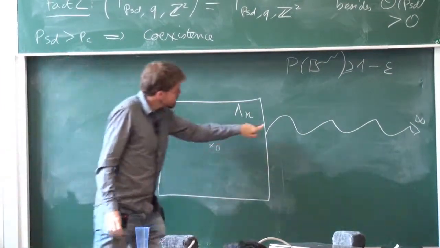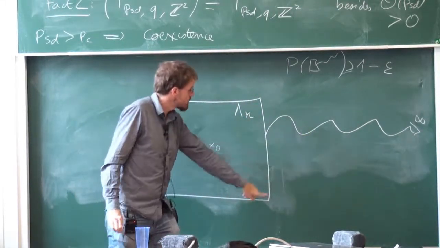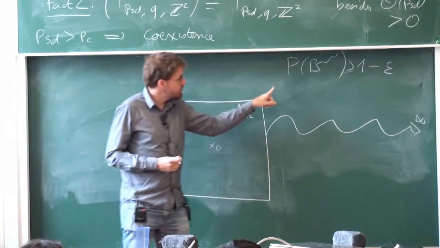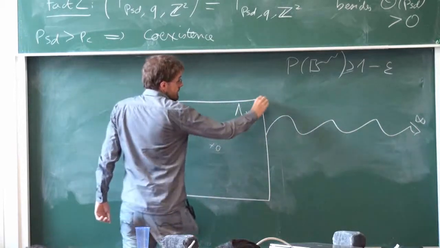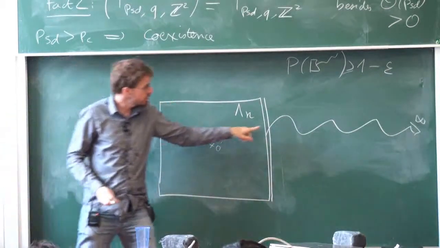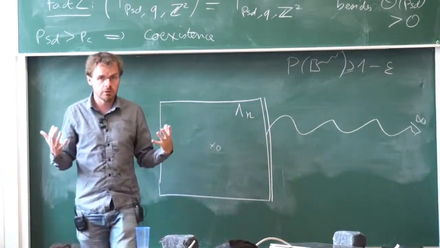Now, you don't know where this infinite component lands on the box. The second step is to say that if the box meets the infinite component with high probability, then actually the right side of the box will hit the infinite component, and that the right side will be connected to infinity outside the box.